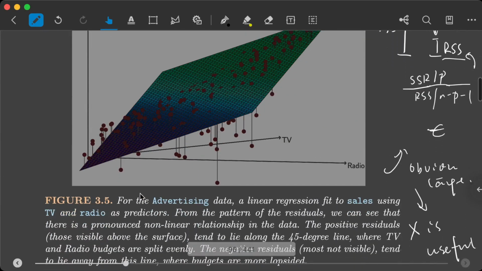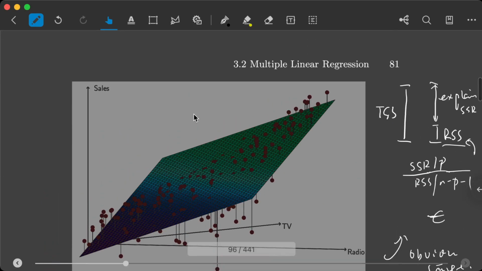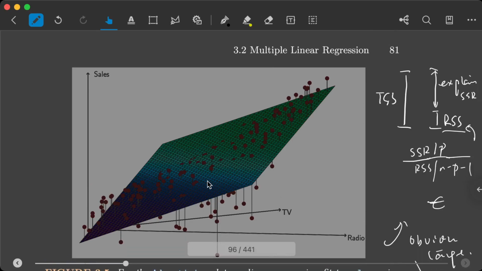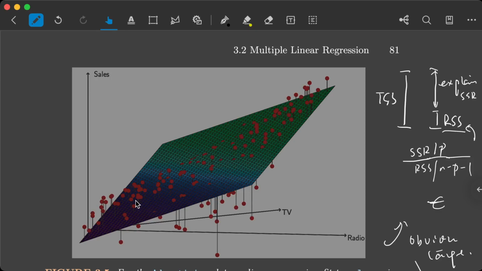And in the last part, there is also an illustration. Actually, I don't know why it's put here, but I will try to convey the main idea. This is a 3D plot, and the z-axis is for y, and we have TV and radio as the predictors. We can find that there's some pattern in this figure about the errors.